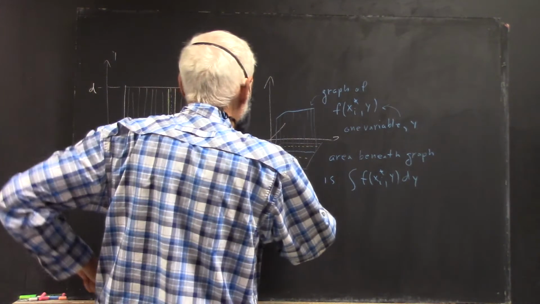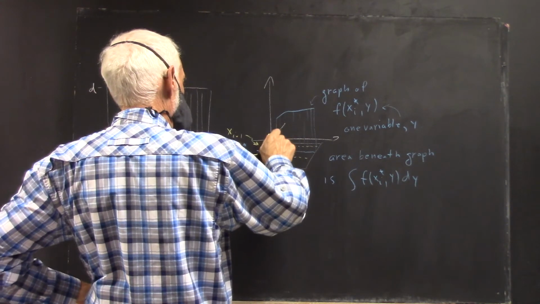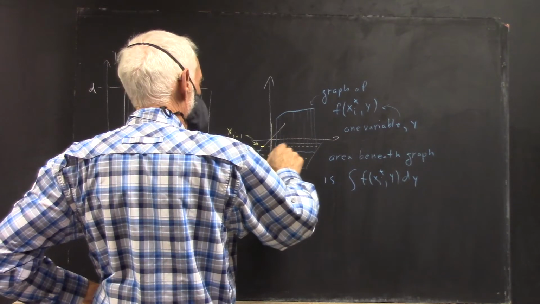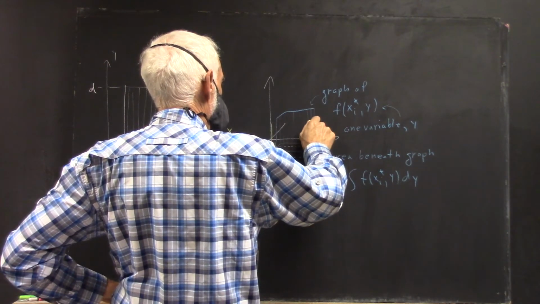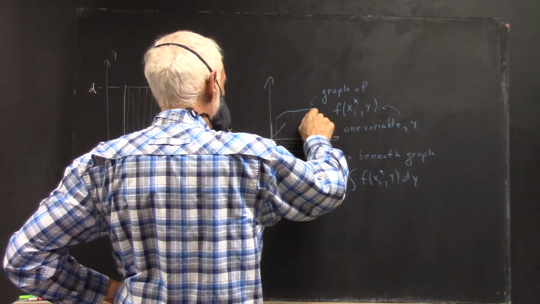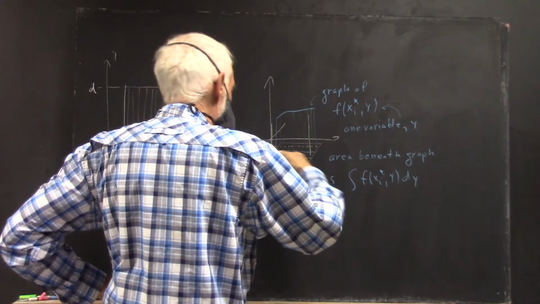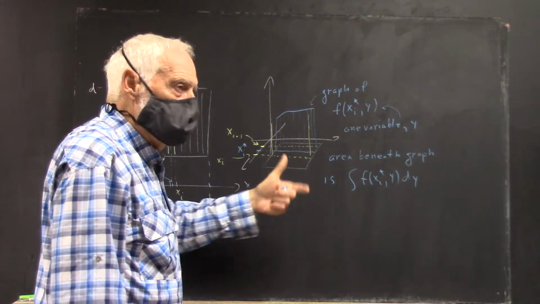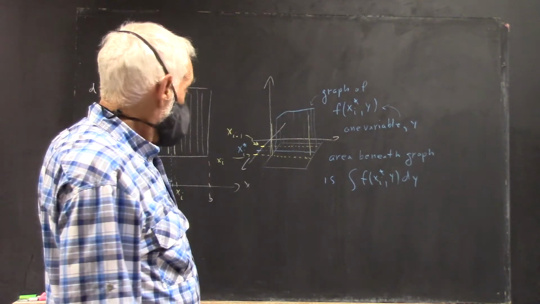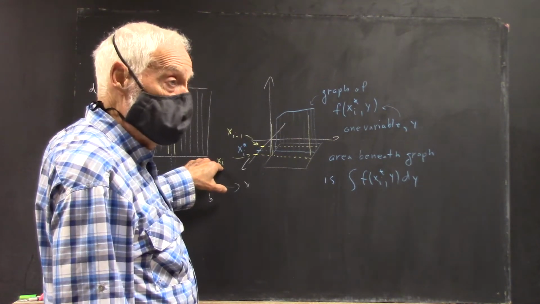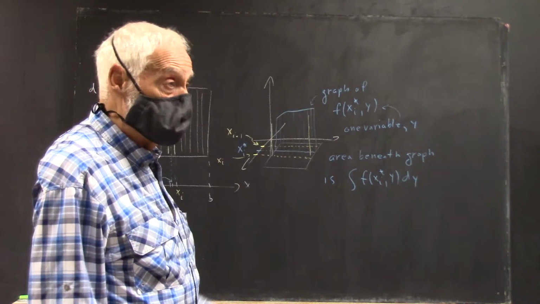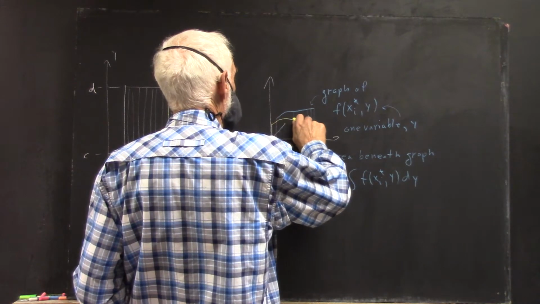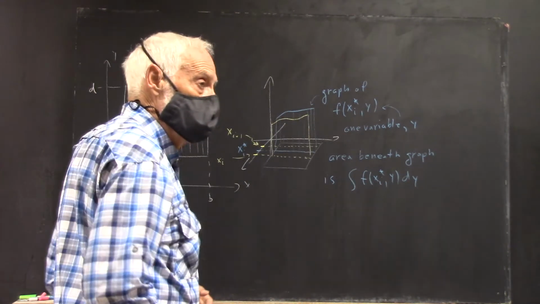Well, if we do the same thing at xi, we're going to get a graph. If we slice the graph of f of xy with the plane x equals xi, it's going to look a whole lot like this, but maybe a little different.